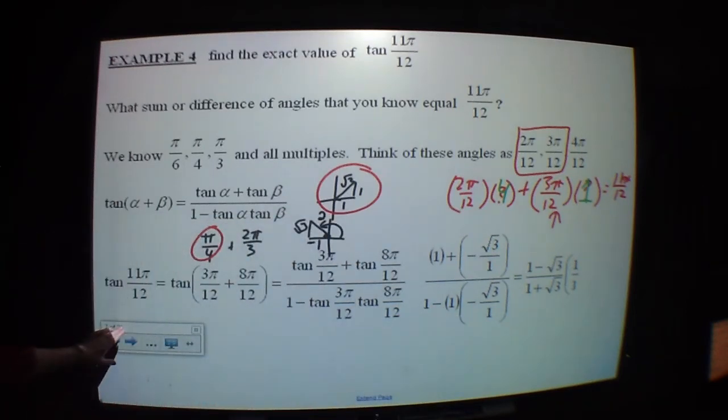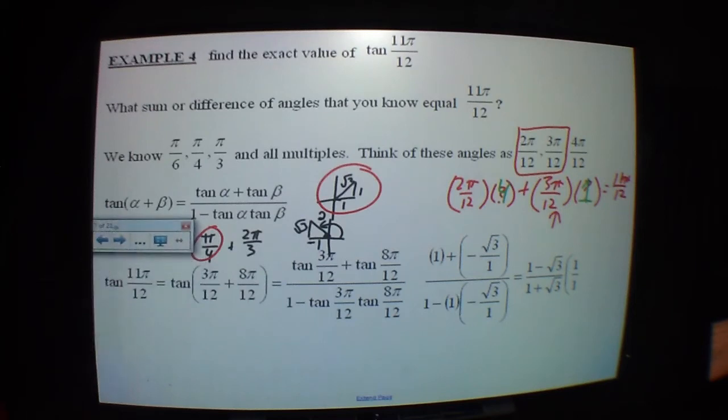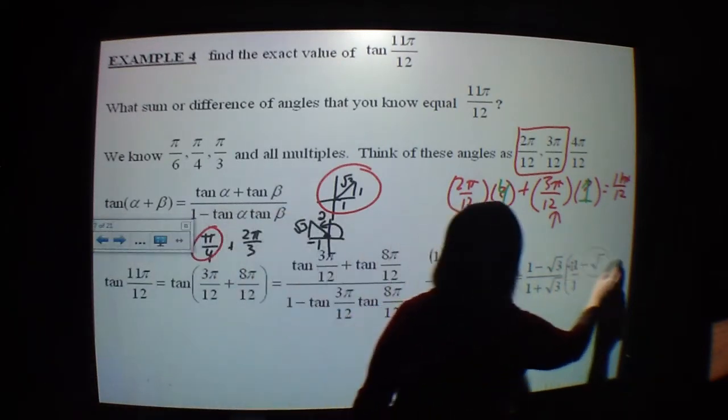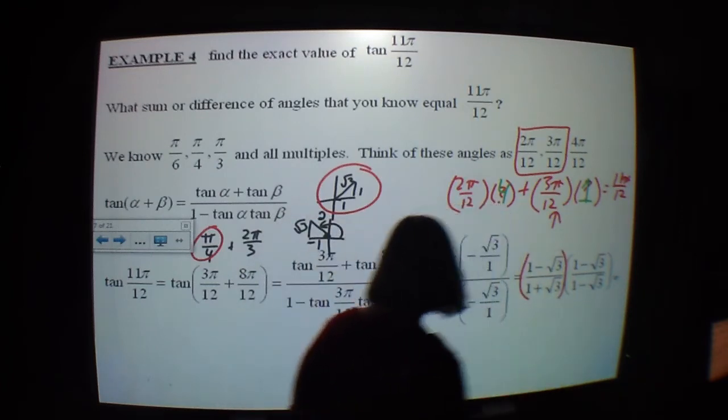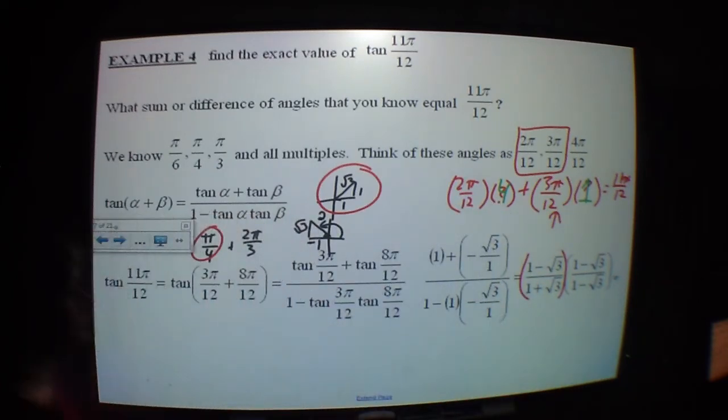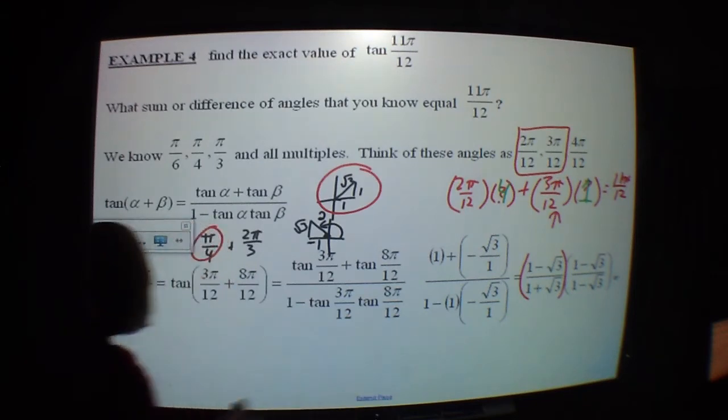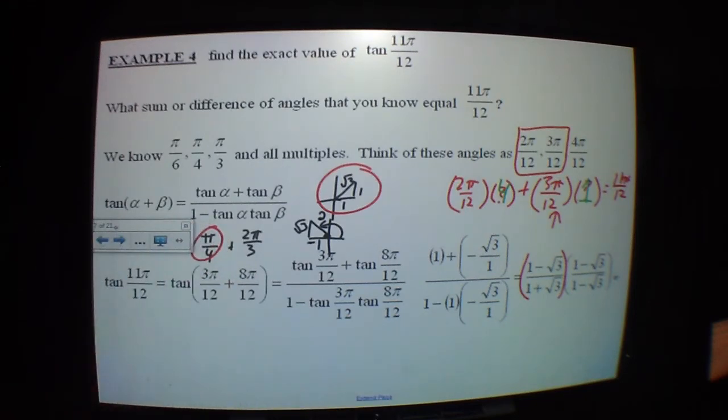Multiply top and bottom by the conjugate, which is 1 minus radical 3. And the proper way really to do it is that's what we're doing. Okay? So when I multiply the top, I get 1 minus 2 radical 3 plus 3.